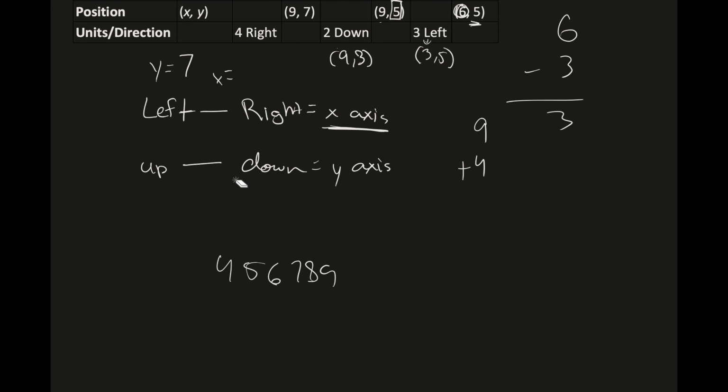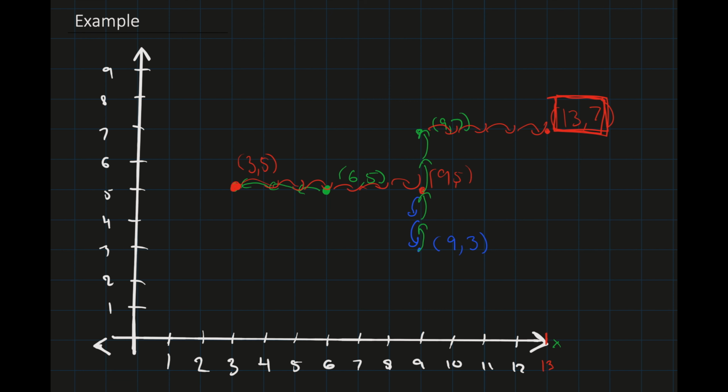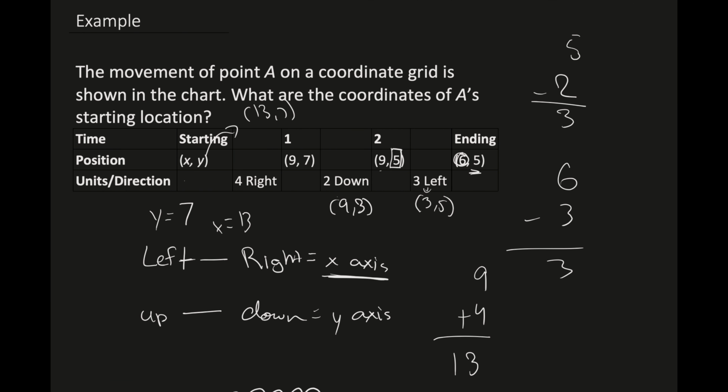But in this case, we're going right, so we're going to be adding. 9 plus 4 is 13, so x is 13. So x and y, meaning that this one here is equal to 13, 7. Is that what we got here? Yep. So both of those are valid ways to do it.